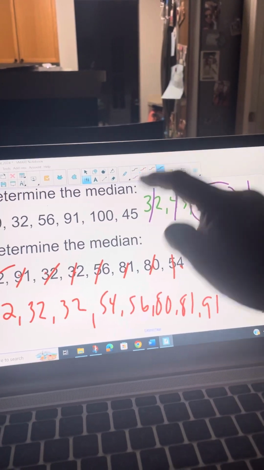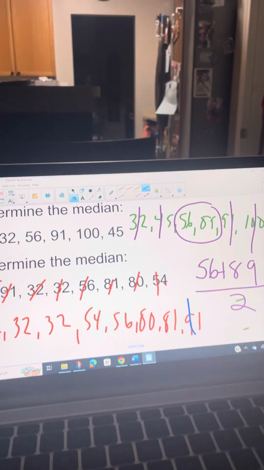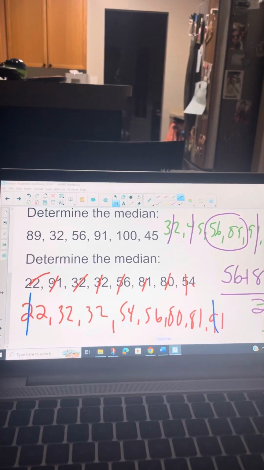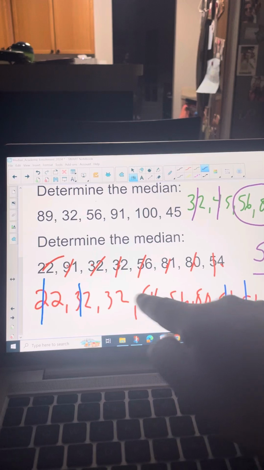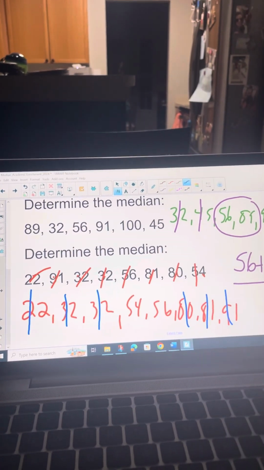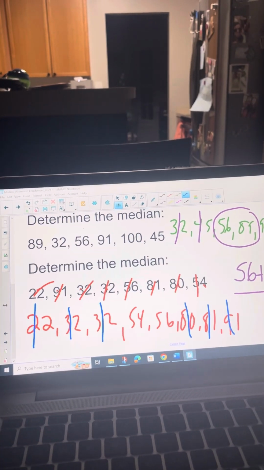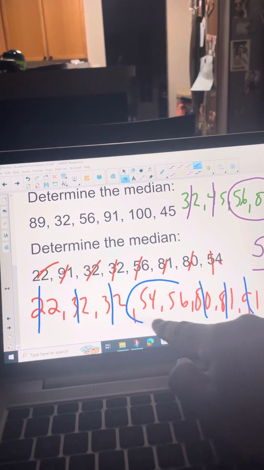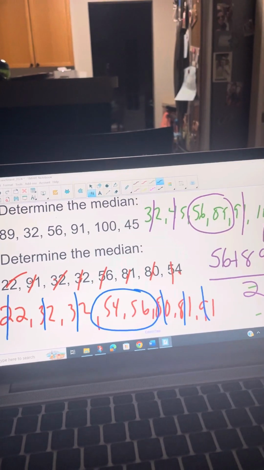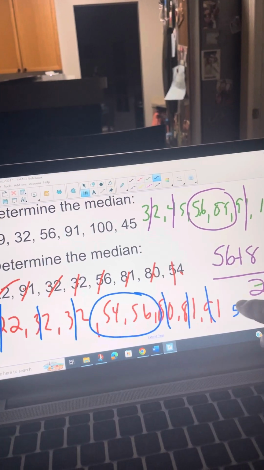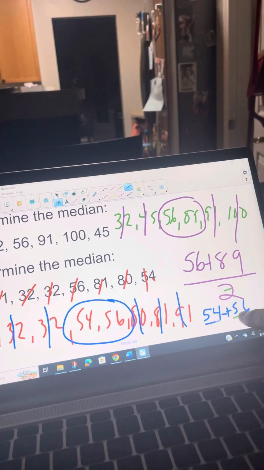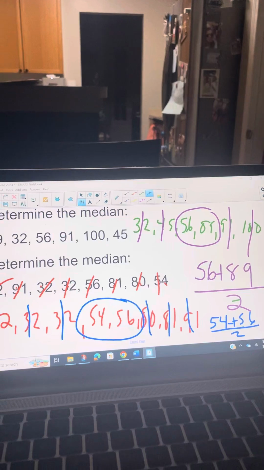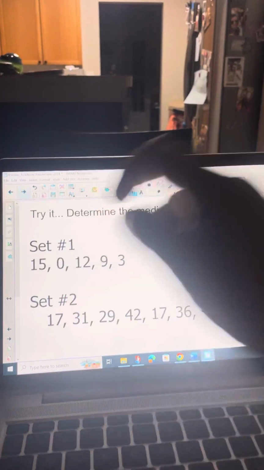Same idea. One of the smallest, one of the largest. It always has to go as a match. One from the left, one from the right. Smallest, largest, smallest, largest. And you'll notice I have 3 numbers crossed out on each side. When I have 2 numbers left in the middle, I add those 2 numbers up. So 54 plus 56. And then I divide it by 2, and that will give me my median.